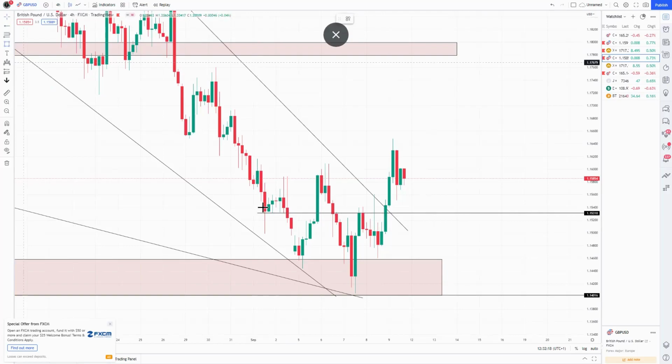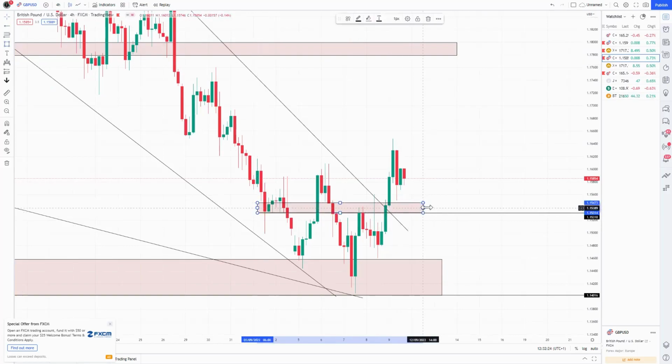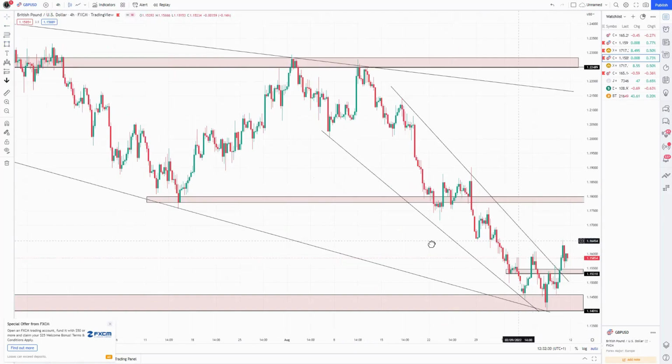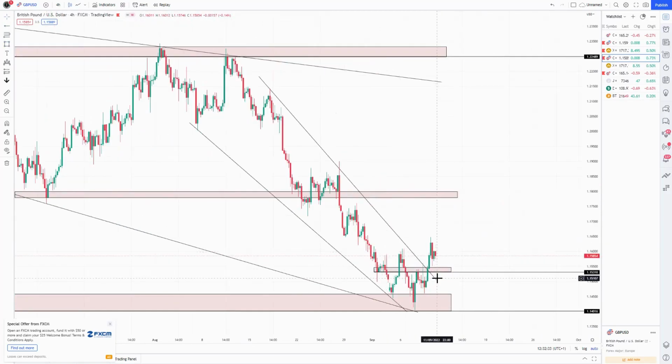Draw with the trend line. Good. So like this now, we already know we are waiting for a correction downward before we see an impulse upward on GBP USD.